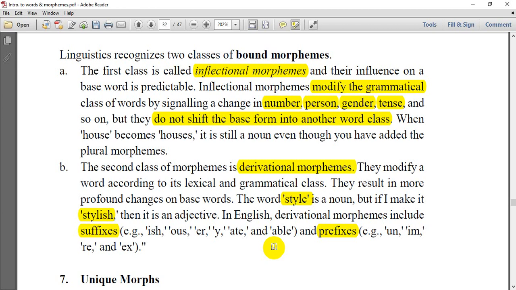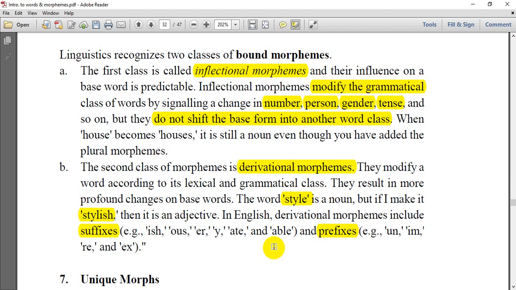Kindness is a noun, so it changes the grammatical category of the word. They can also change the meaning: for example, kind, unkind. Kind and unkind are both adjectives, the same category, but different meaning, because kind is the opposite of unkind.